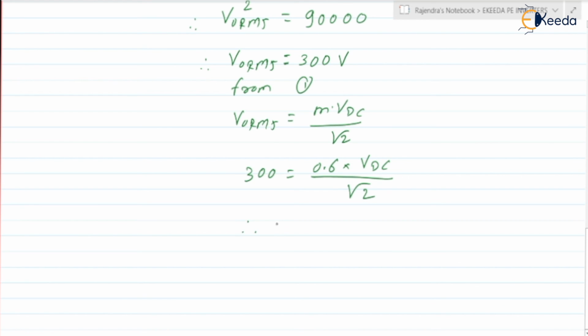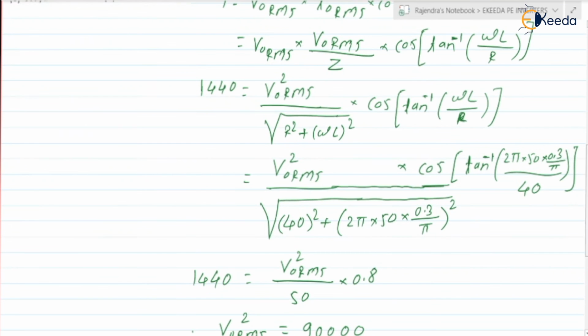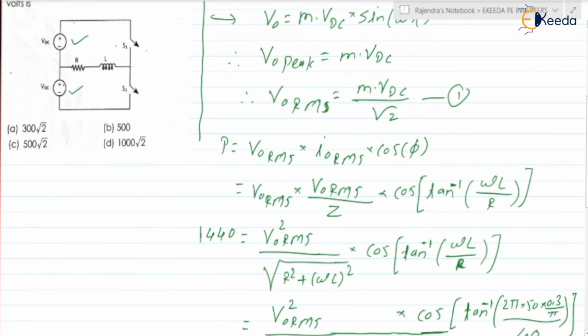So from this, VDC is equal to 300 into root 2 divided by 0.6, which is 707.106 volt, equal to 500 root 2 volt. 500 root 2 is 707. So the correct answer is option C.